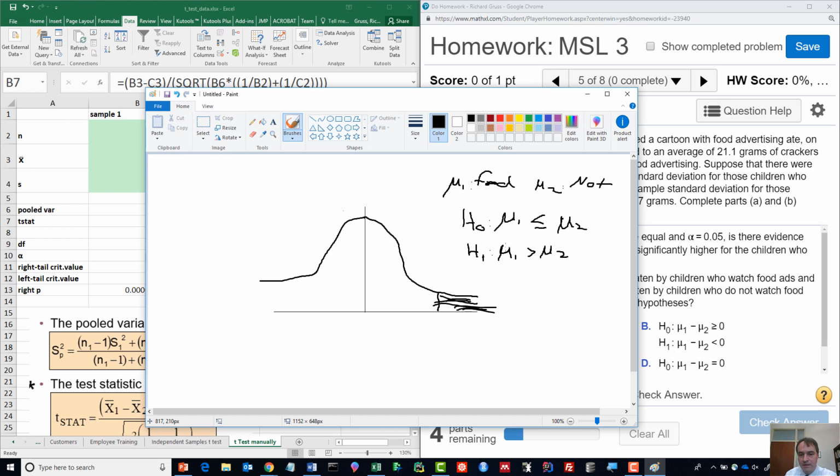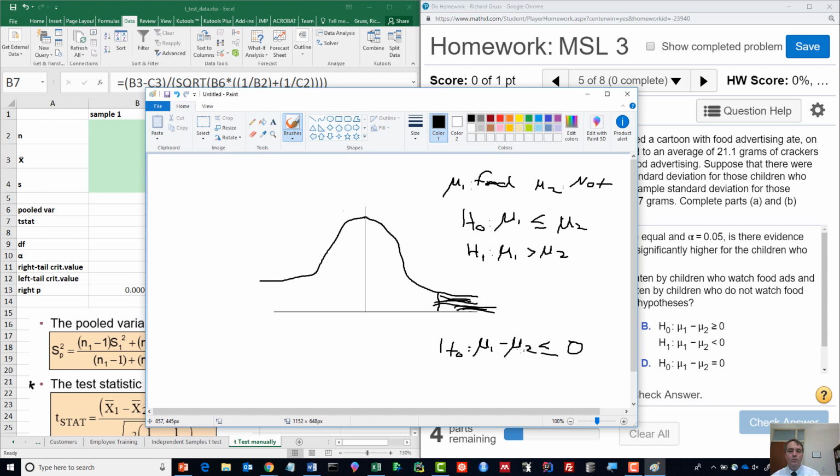Okay, so let me just slightly rewrite this first hypothesis here. This is doing a little bit of algebra, subtracting mu2 from each side, and we preserve the direction in the case of subtraction.